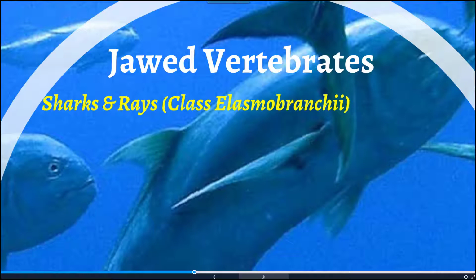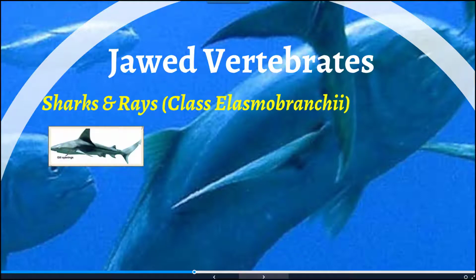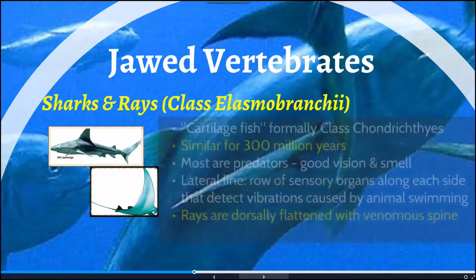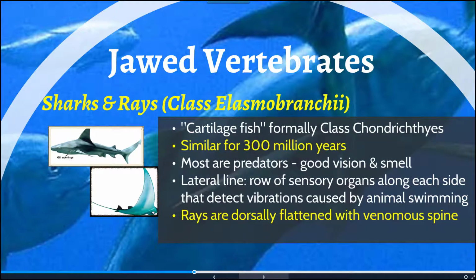And with jawed vertebrates, we finally get into organisms that are going to have a jaw consistently, so we won't see the jawless feature happen in any of the organisms going forward. But this consists of sharks and rays, which are part of a class called Elasmobranchii, or Elasmobranchs. These are also referred to as cartilaginous fish.